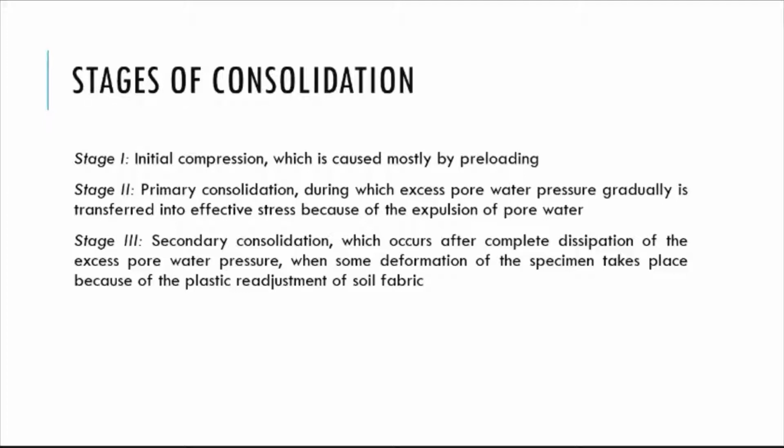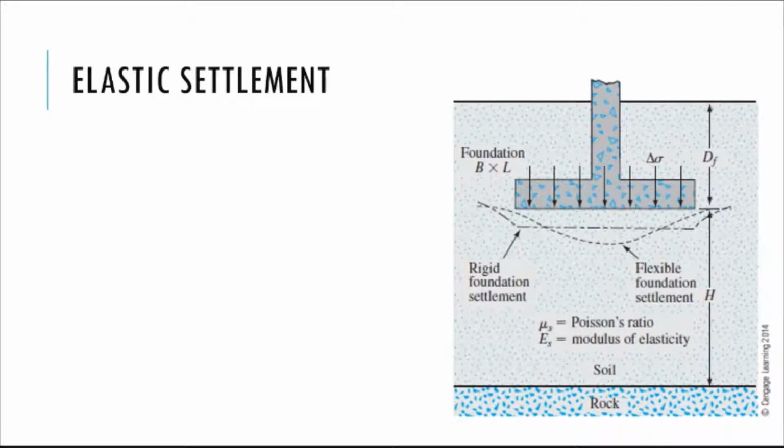So let us further discuss the three types of settlement. Number one is what we call the elastic settlement. In elastic settlement, we have to consider two types of foundation, the rigid foundation and the flexible foundation.